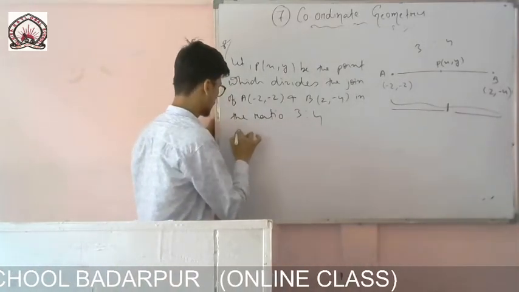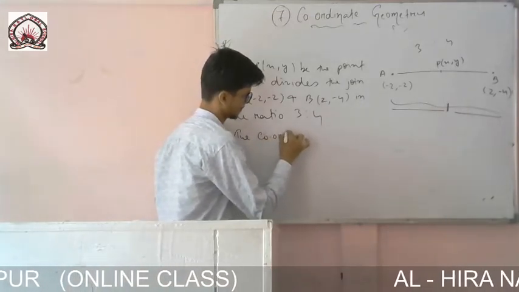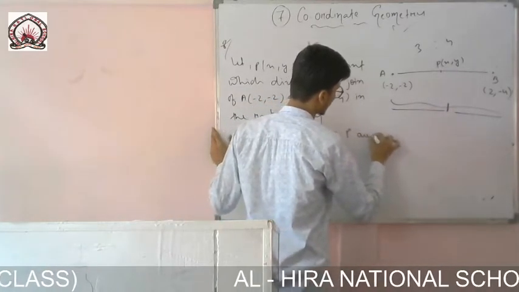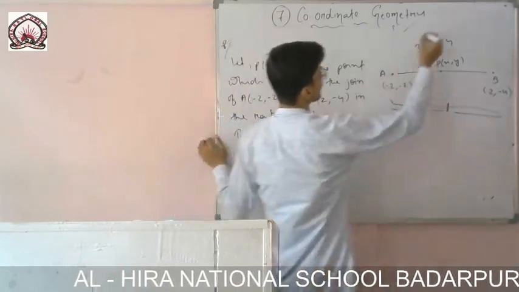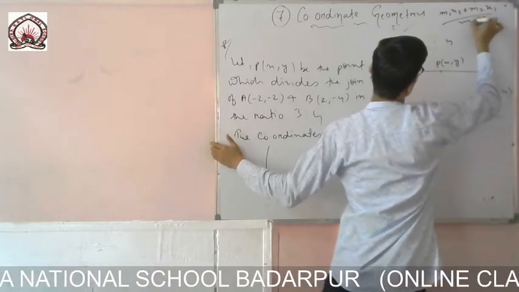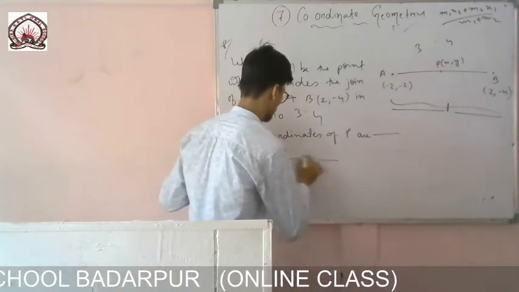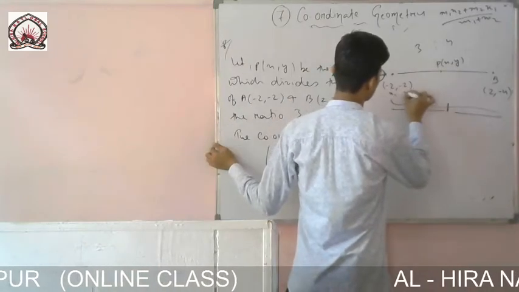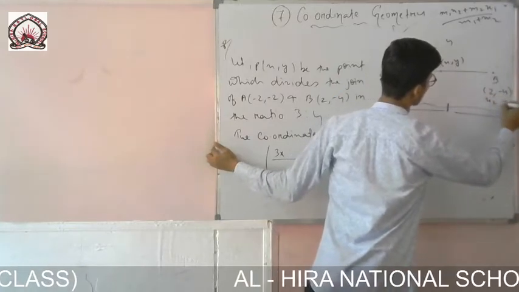Therefore the coordinates of P are, now I will put the values. The formula we know: m1 x2 plus m2 x1 divided by m1 plus m2. Here m1 is 3, m2 is 4; this one is x1, y1, this one is x2, y2.